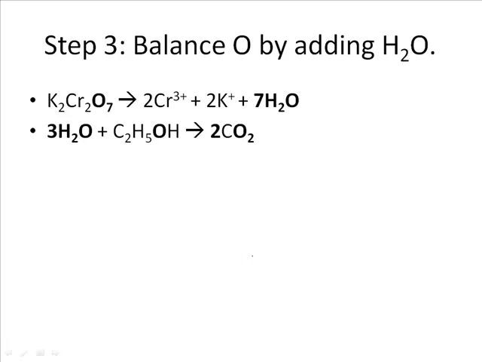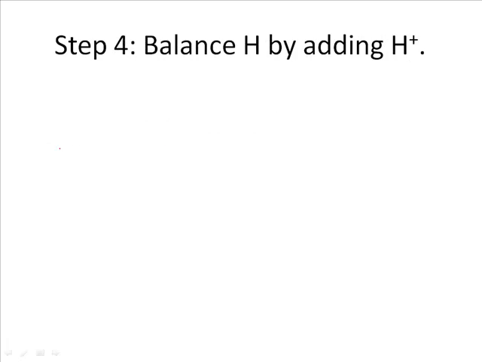Same thing over here. I've got 4 oxygens and on the other side I need 4 oxygens. So I have 1 right here, therefore I'm going to add 3 waters to balance out the number of O's.